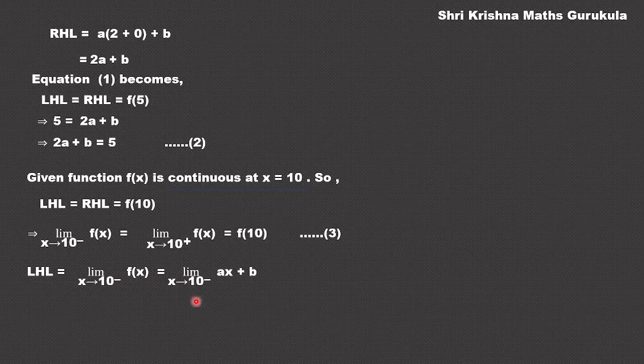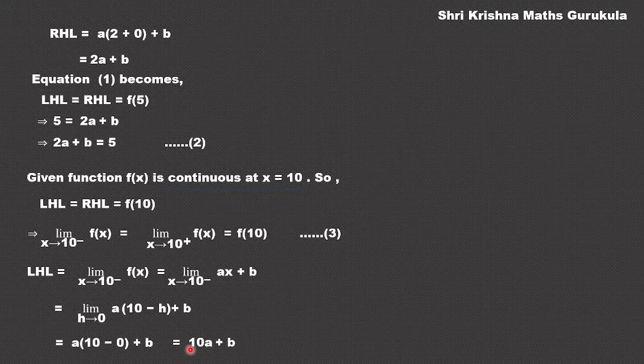Whenever the value of x is between 2 and 10, the function is defined like this. For LHL, we are substituting x as 10 minus h. Limit of a into 10 minus h plus b as h tends to 0, that is a into 10 minus 0 plus b. That will be 10a plus b.